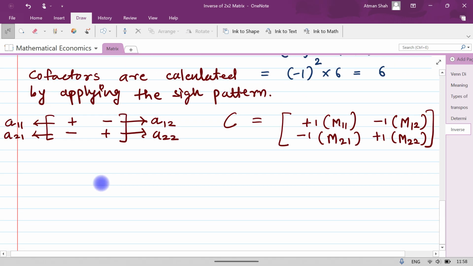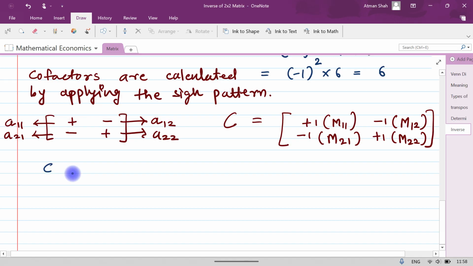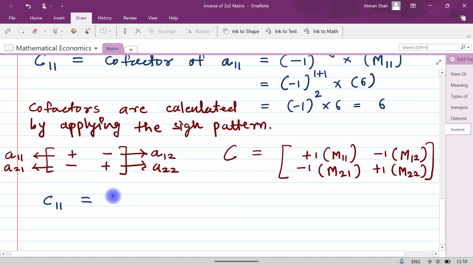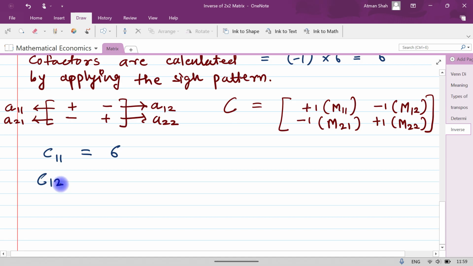So let's find the cofactor matrix. C11 we have already calculated, it is 6. Now what is C12? Let me note down the matrix again.